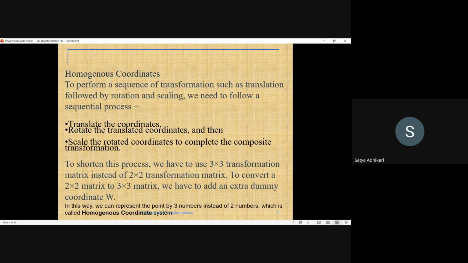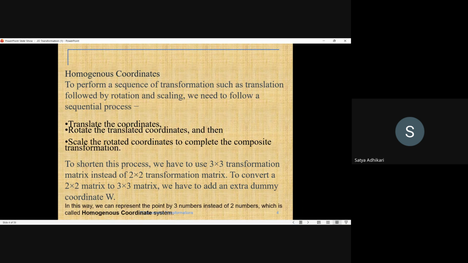In this way, we can represent the point by 3 numbers instead of 2 numbers, which is called homogeneous coordinates. To use a 3 cross 3 transformation matrix instead of a 2 cross 2 matrix, we have to add an extra dummy coordinate, an extra row and an extra column. So a 2 cross 2 matrix now becomes a 3 cross 3 matrix.